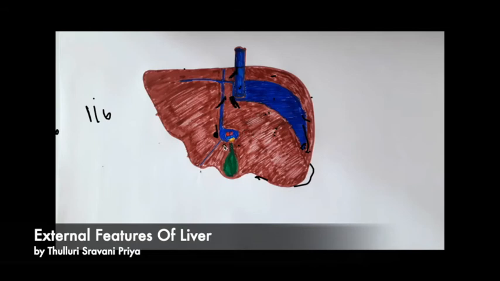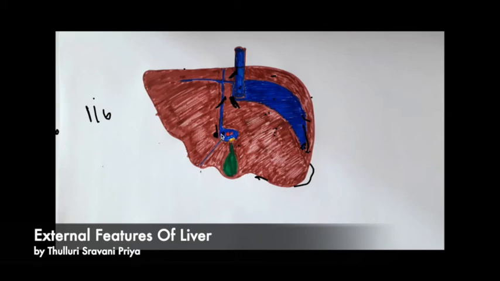Next, we'll see the quadrate lobe. This quadrate lobe is seen on the inferior surface of the liver. If you see the boundaries of this quadrate lobe, anteriorly it is bounded by the sharp inferior border.